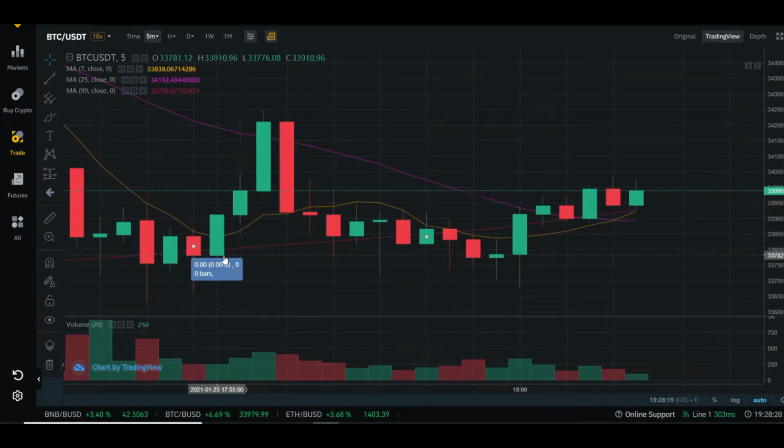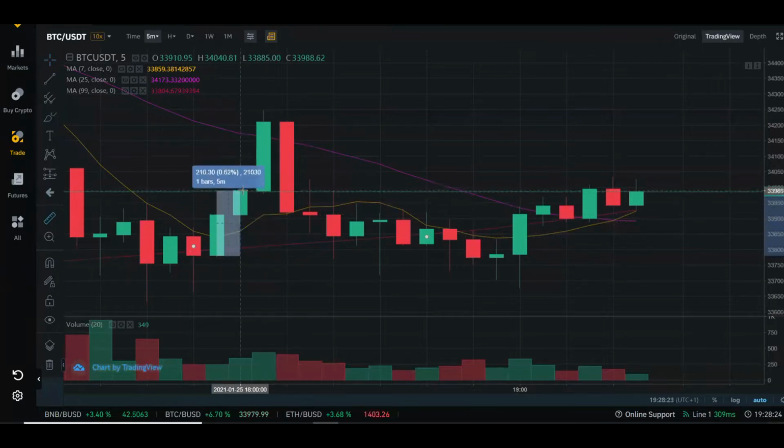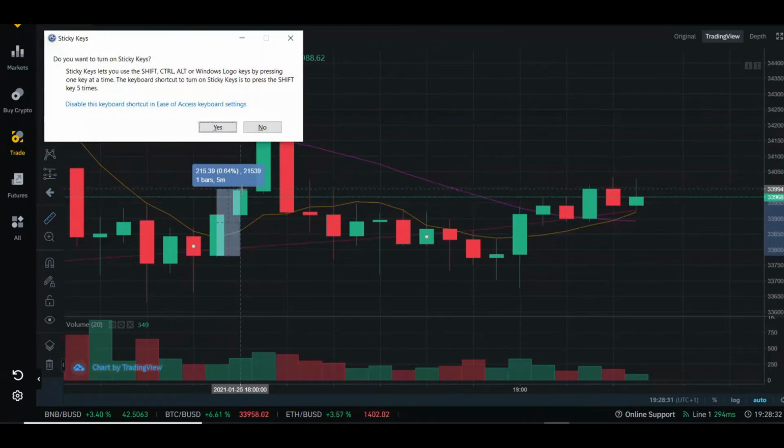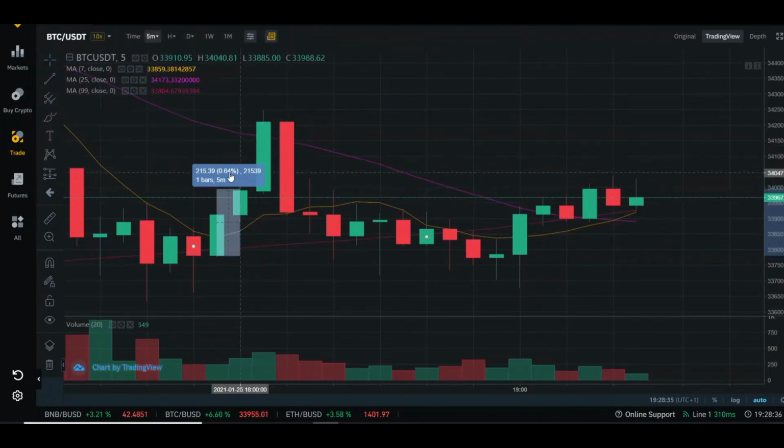So I decided to buy it at 5:52 p.m., and I decided to sell it at 6 p.m. So in 5 minutes, a day trader can make up to 0.64%, even 1%.